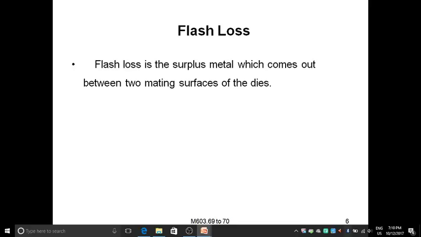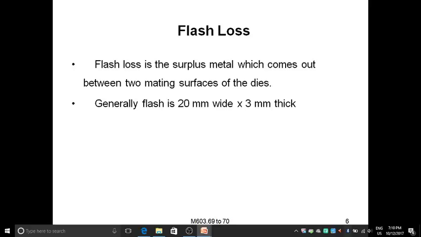In the machine forging process, the red hot material is placed in the cavity of the two dies, and when you apply pressure, the material in the plastic state will come out from the meeting parts of the two dies.